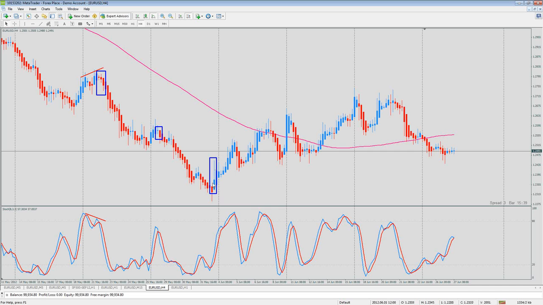Not exactly, it's not engulfing, but it's a very, very big candle, a reversal candle, and you can see the stochastic crossing up, and you can see here the bullish divergence. So in this case, it's a better signal for a reversal.